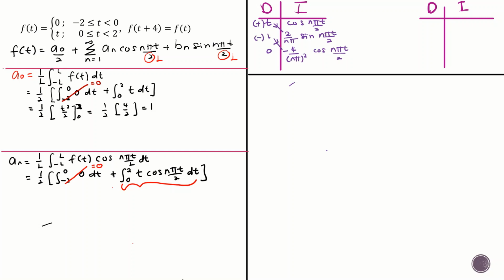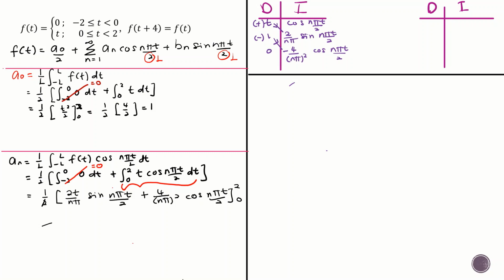So this is equal to 1 over 2 times [2t over n pi sin(n pi t over 2) plus 4 over n pi squared cos(n pi t over 2)] from 0 to 2. How do I get this? From the tabular method.